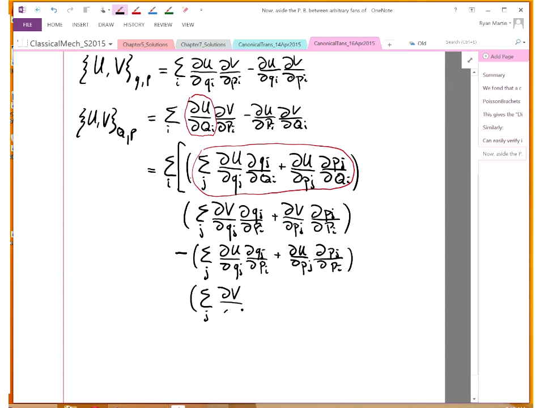And that multiplies the last term, which is ∂V by ∂Q_I. So now I'm going to expand. I have ∂V by ∂q_j times ∂q_j by ∂Q_I plus ∂V by ∂p_j times ∂p_j by ∂Q_I. That's the whole Poisson bracket.